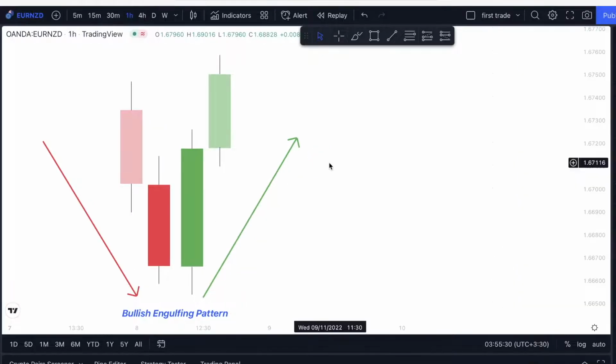Also, for an ideal pattern, the closing price of the second candle, which is here, should be higher than the highest point of the prior candle. This scenario gives further significance to the second candle and shows that the bulls have control over the price action now.